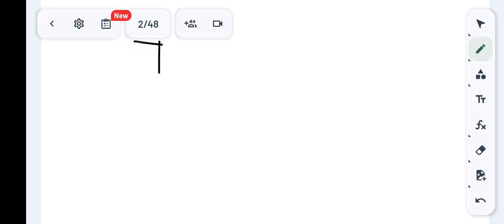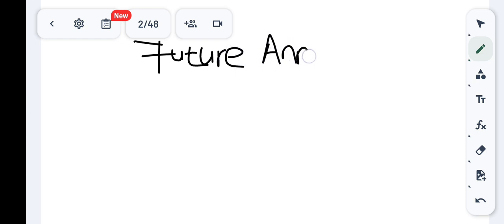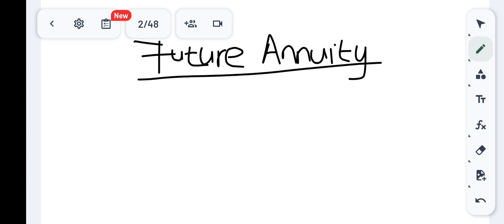What is future annuity? You now know what an annuity is. Future annuity is when you save a certain amount of money regularly, of course, so that you can get a certain amount of money in future. Let's say savings.